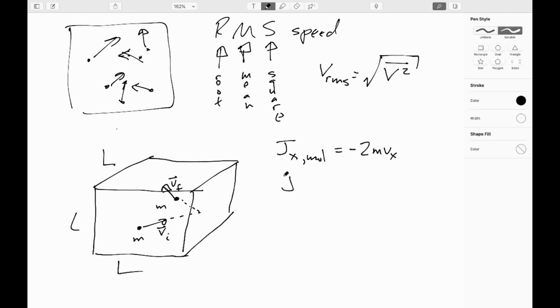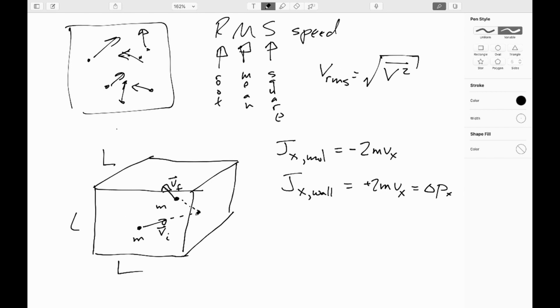By Newton's third law, that means the impulse that the molecule exerted onto the wall is equal and opposite, which is plus 2 mv sub x. And that's, again, by the impulse momentum theorem, equal to the change in momentum in the x direction.